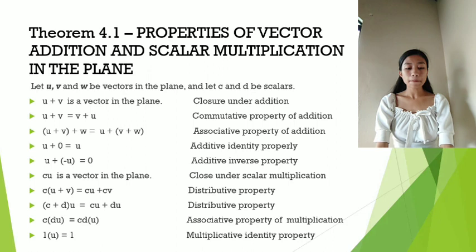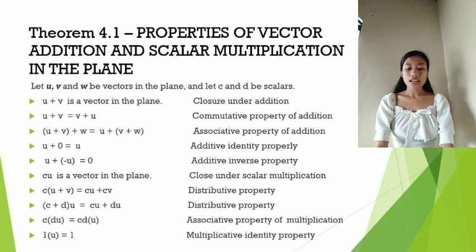Then for number 8, the quantity c plus d times u is equal to cu plus du, and this is a distributive property also. Then for number 9, c times du is equal to cd times u.